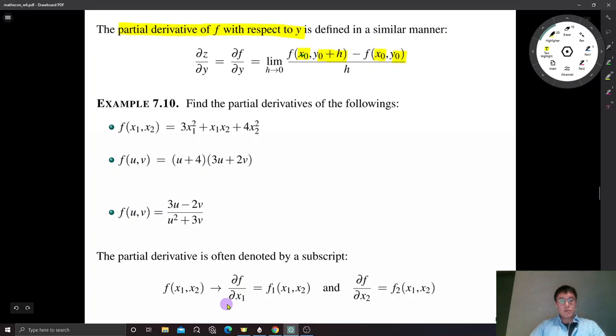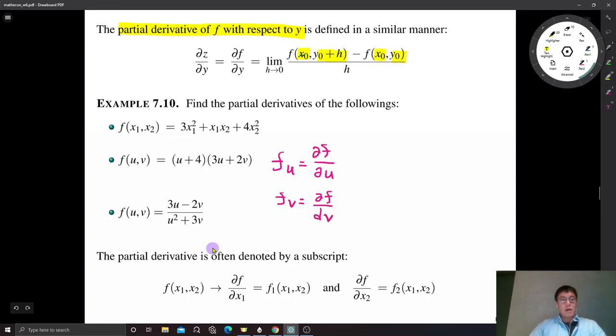That is the partial with respect to x1, denoted by f sub 1. Similarly, the partial with respect to the second variable is f sub 2. If the variables are letters like u and v, then the partial with respect to u is f sub u, that is partial f with respect to u, and f sub v is the partial with respect to v.